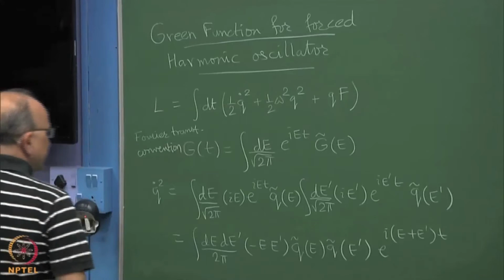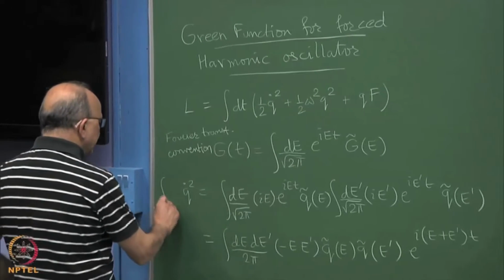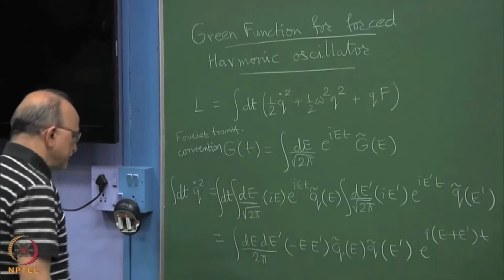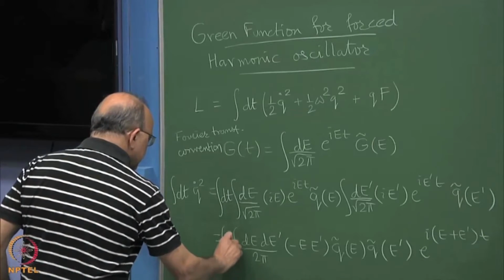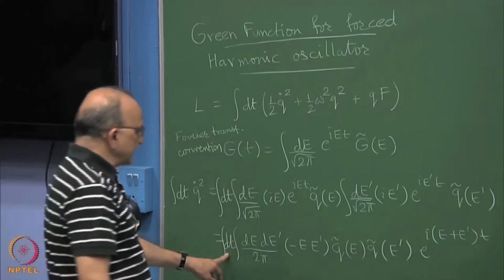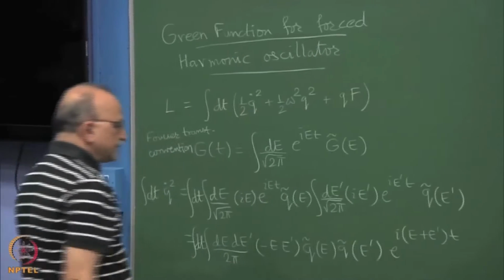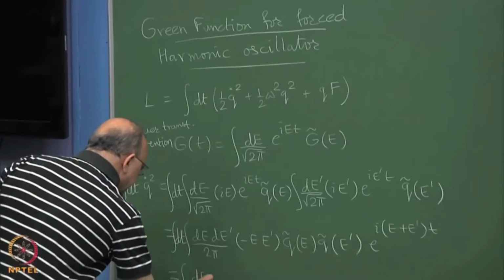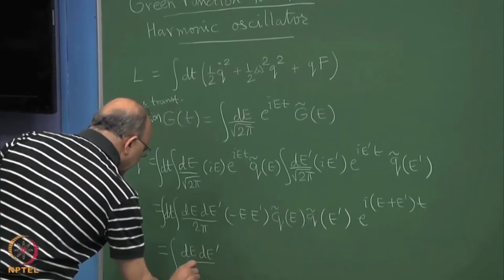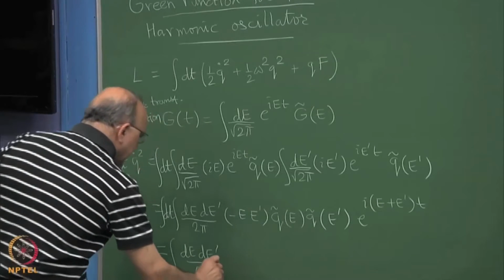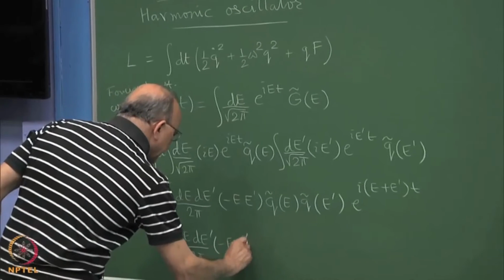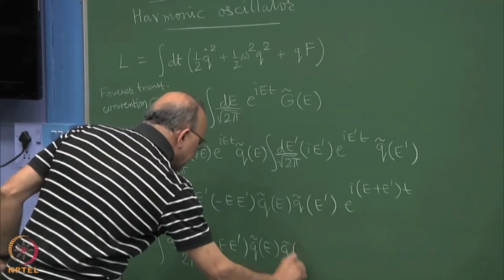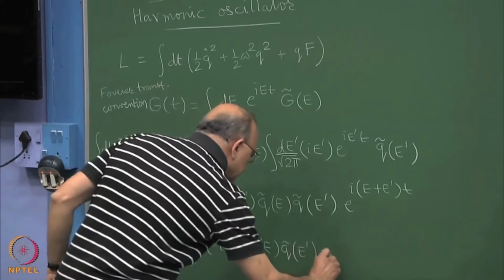So if we look at this under the integral dt sign, this becomes a delta function of E plus E prime, so this becomes integral dE prime, times minus E prime and then q tilde E prime, but delta E plus E prime.